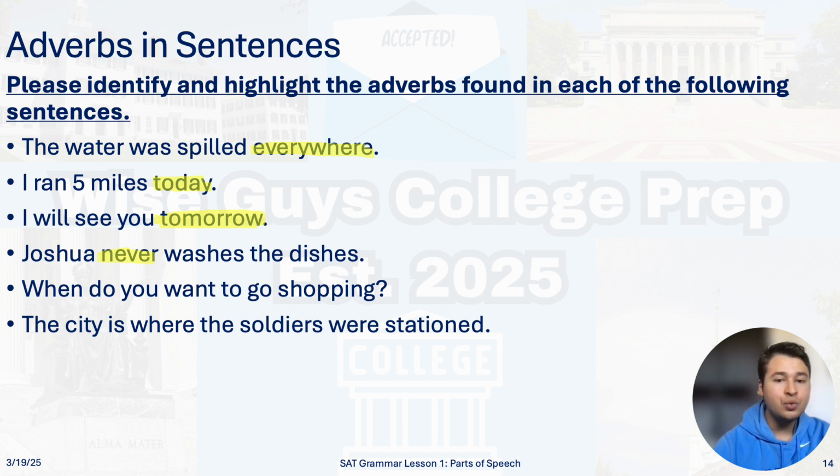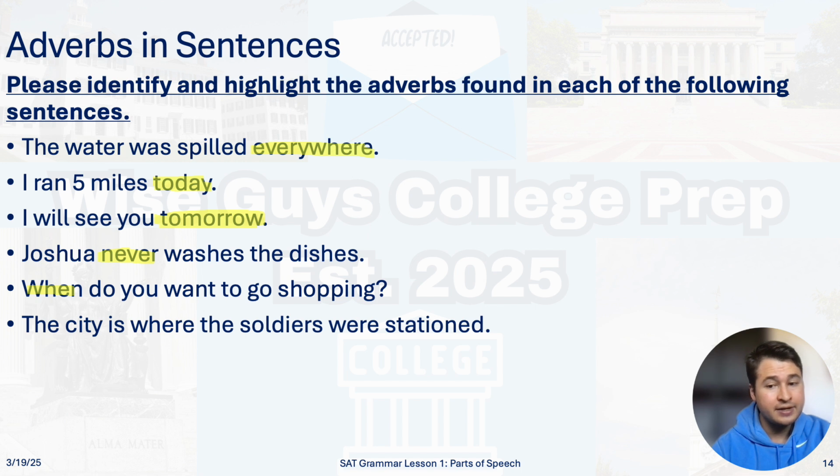When do you want to go shopping? Okay? So we have when, and it is an interrogative adverb in this case. Just notice that when is a particular adverb when it is used as an interrogative adverb, okay?